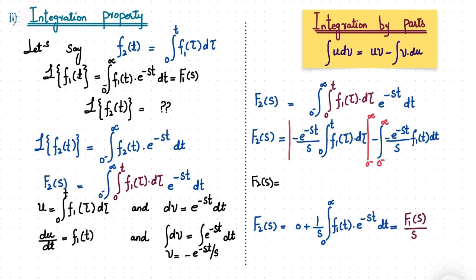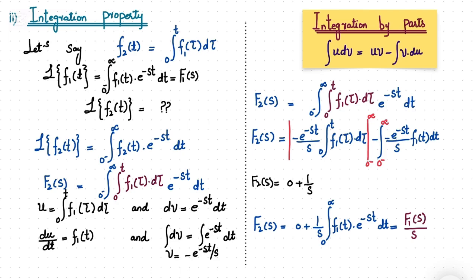So substituting the upper limit results in 0. Basically this factor reduces to 0 when we substitute the upper limit as infinity, minus the lower limit. For the lower limit, this factor is going to be e raised to power minus st, which is e raised to power 0. This is going to be 1. So we can make it plus 1 over s.